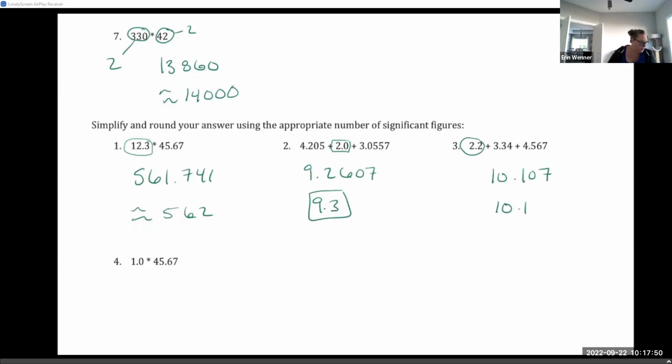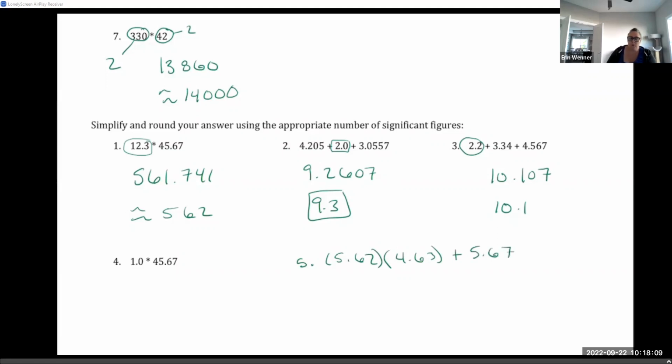Instead of doing number 4, I want to add one in. And this will be a new number 5 instead. So number 5 has 5.62 times 4.63 plus 5.67.